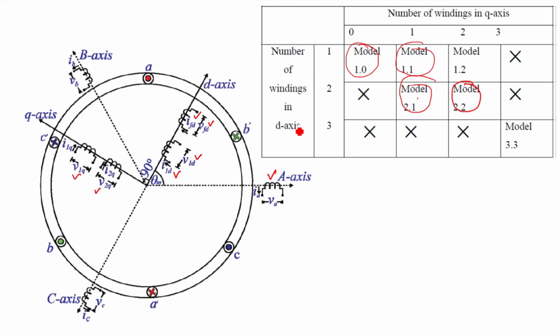Similarly, 1 winding in the D axis and 2 windings in the Q axis, we'll have the 1.2 model, right? And finally, if we have 3 windings in the D axis and 3 windings in the Q axis, it is the 3.3 model, right? So these models are available in IEEE, and we'll consider here the 2.2 model, and also we'll see how to derive the equations for the 2.2 model only.